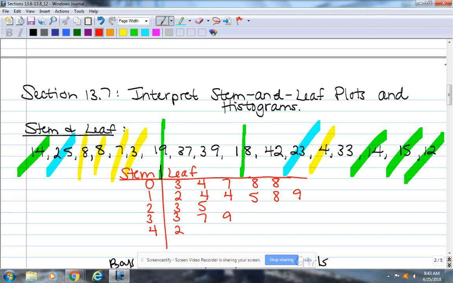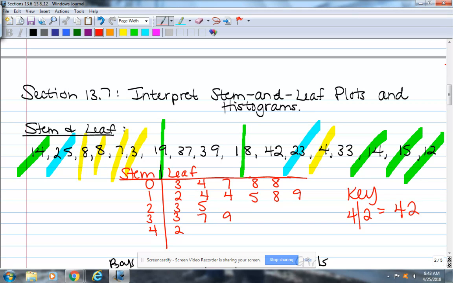Okay. If you have a stem and leaf plot, you also need a key. Now, a key just tells you what those numbers mean. So I would just make an example from this. 4 | 2 means what number? 42. So you need a key to tell me what that means.